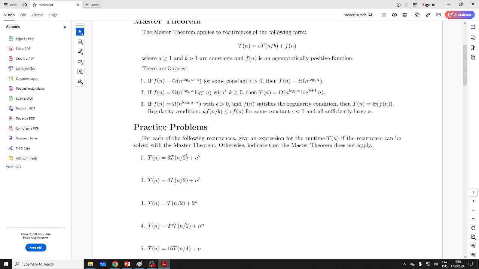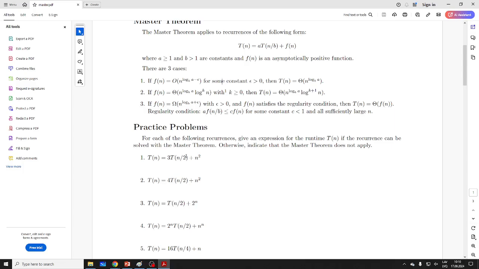Once you have some experience, you can immediately tell which case it is, but let's do it slowly. So we'll do n to the log base 2 of 3. How much is that roughly? Unless you're using calculators, it's probably like 1.4 or 1.3, I don't know.